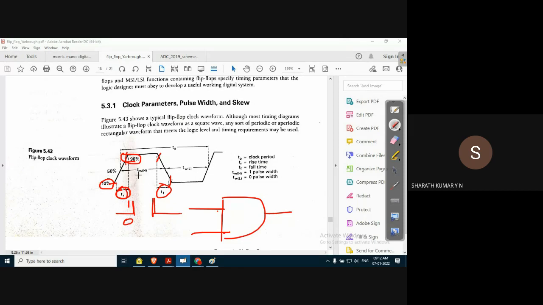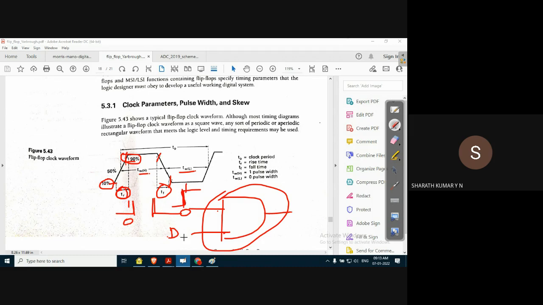This is also called hold time, and there is high time as well as low time. When the clock pulse is applied, the logic gates take some time to read the data. For example, let us say one input is a clock pulse and another input is D. When the clock pulse is applied, the output will not change immediately.